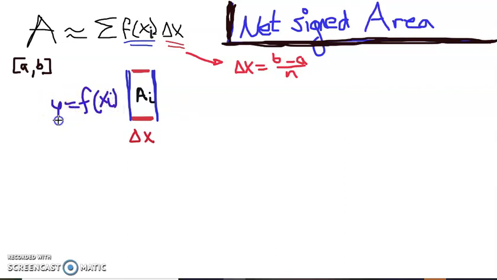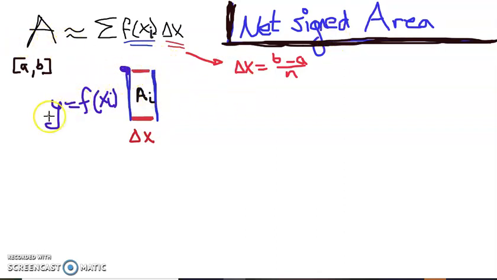This is the y value at a particular point in the function times a certain delta x, and that gives us an area of a single rectangle, and we add all of those rectangles together to estimate the area.